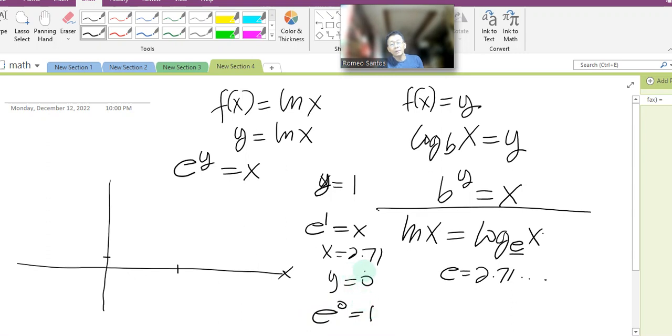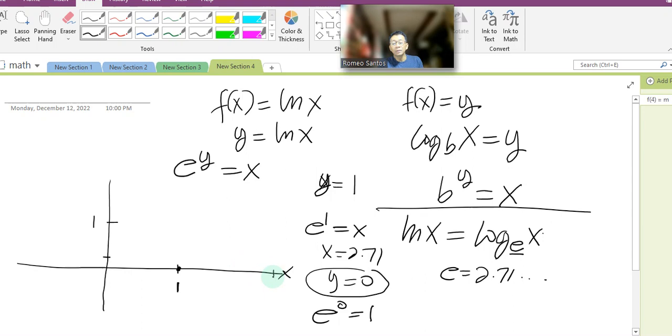When y is 0, it is the intercept, and it lies along the x-axis. Now, when y is 1, the value of x is somewhere here. It is 2.71.